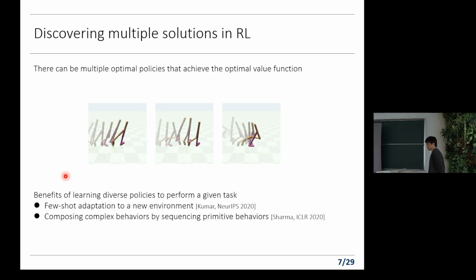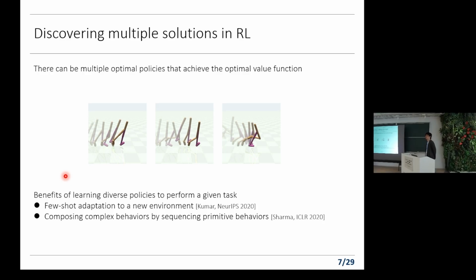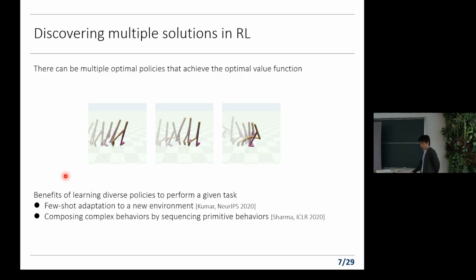However, typical reinforcement learning algorithms find a single solution, because if you don't care about the downstream task, then a single solution is enough. However, if you think about the downstream task, which might be different from the training environment, then learning multiple solutions is actually beneficial. For example, when we think about a locomotion task like this, the agent can walk like this, or could be hopping, or one-leg hopping, or something like that.